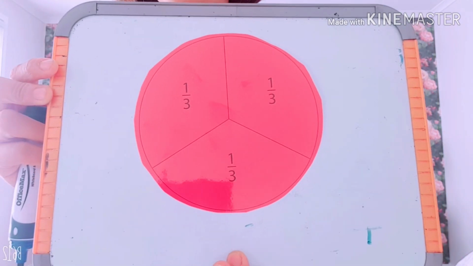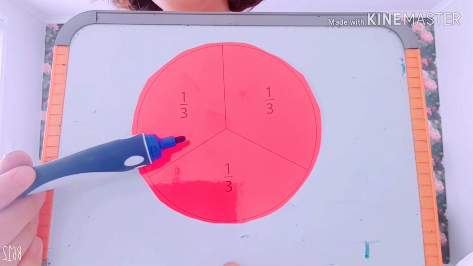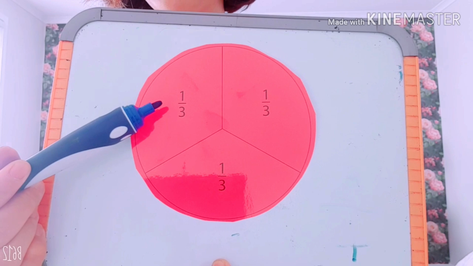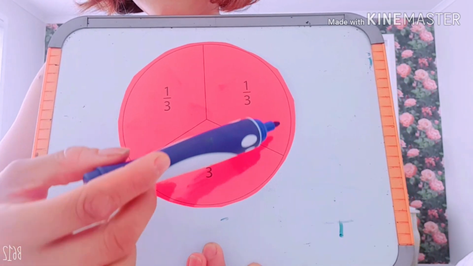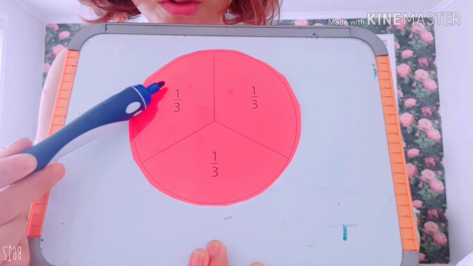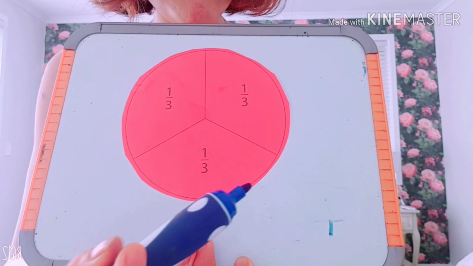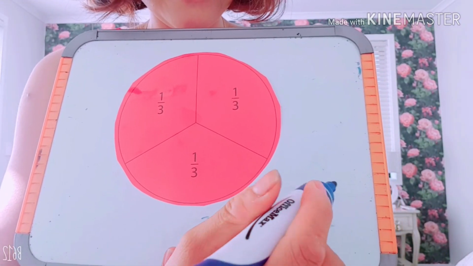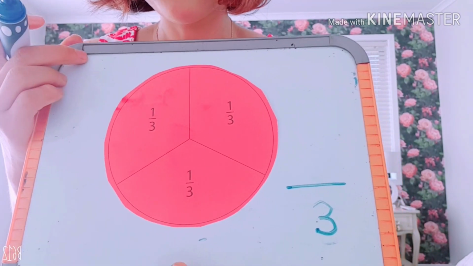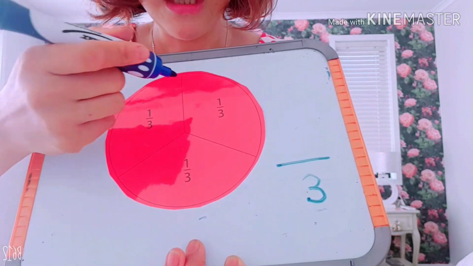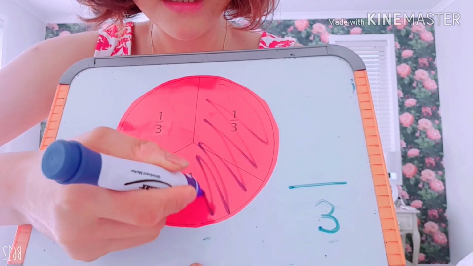Now, let's have a look at this as well. What do we call this? We call this 1/3. Now, how many equal parts are in this? Okay, 1, 2, 3. 3 equal parts in this whole circle. So, from over here, I'm going to shade.